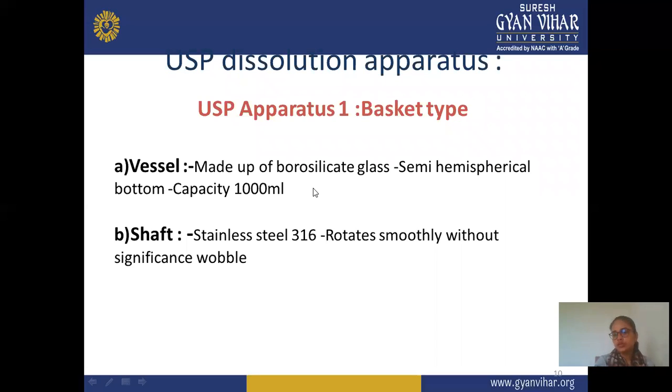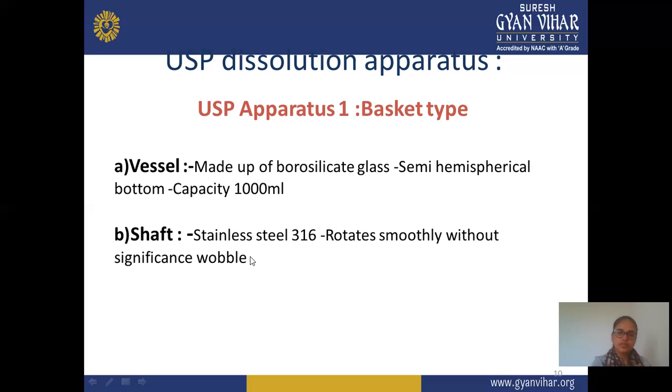Meaning we use borosilicate glass for the vessel manufacturing of type 1, and the bottom is semi-spherical or half spherical, with a capacity of 1000 ml for this type 1 basket apparatus.